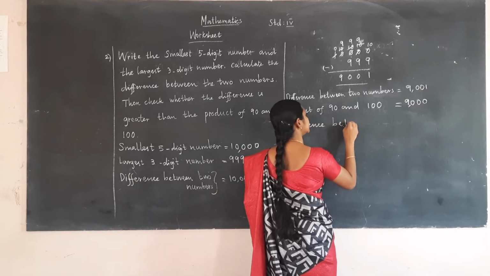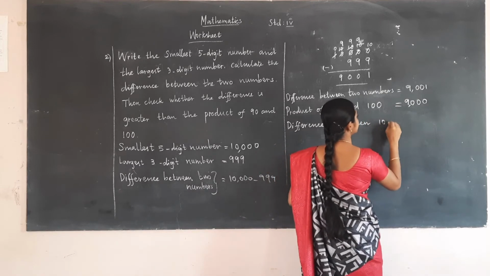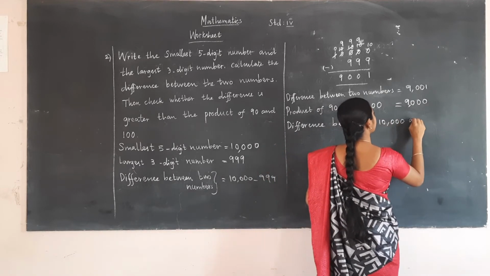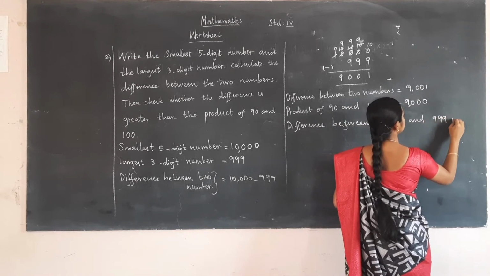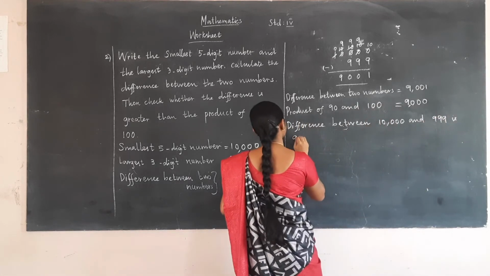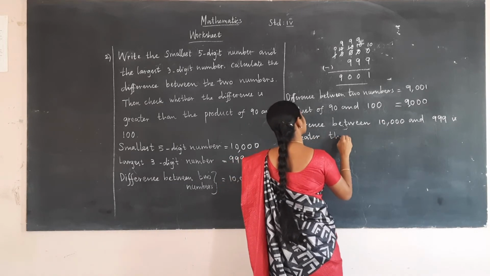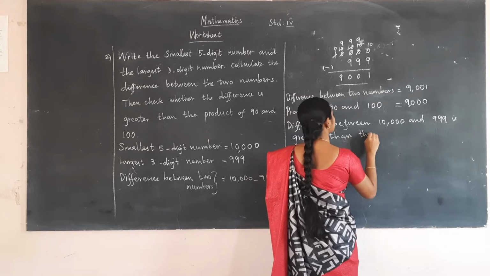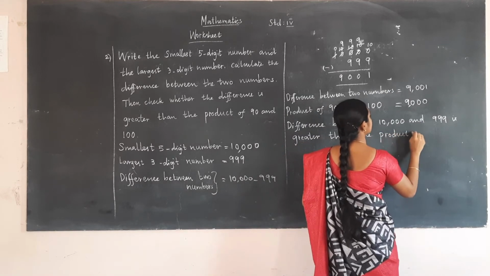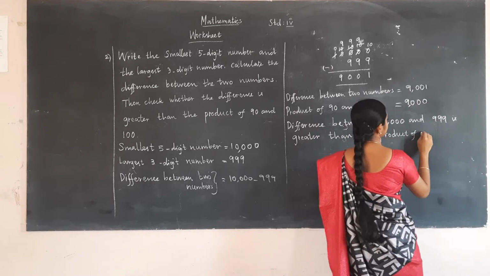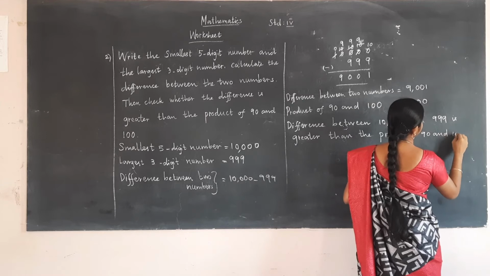The difference between 10,000 and 999 is greater than the product of 90 and 100.